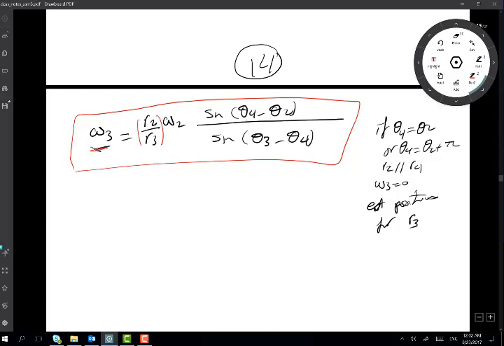If I have some extra R on the top or bottom of this expression, I know something went wrong and I go back and check my equations. Also, omega 3 is not constant, because even though omega 2 is constant, my angles vary. Omega 3 is 0 at extreme positions.